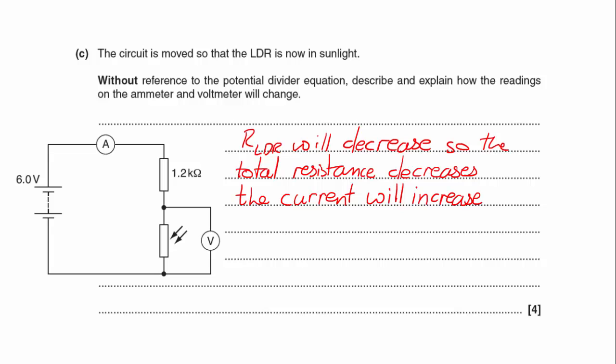So that's going to increase the reading on the ammeter, and if the current increases, the potential difference across the resistor will increase.